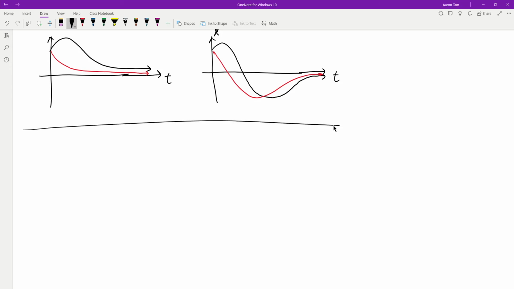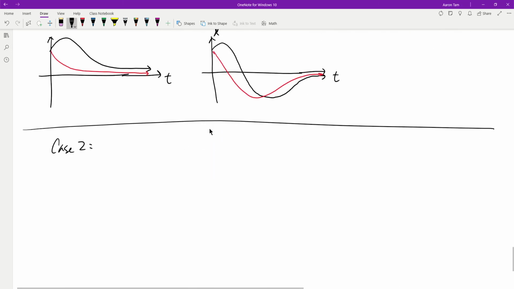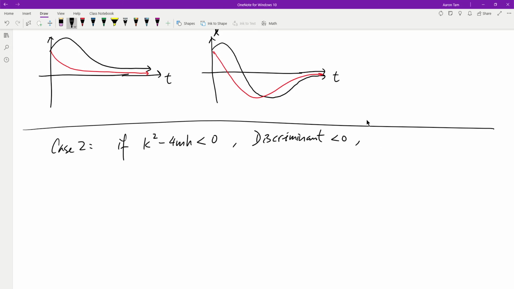Case 2. What if k squared minus 4mh is less than 0? This indicates that the discriminant is less than 0, or k is less than 2 square root of mh.